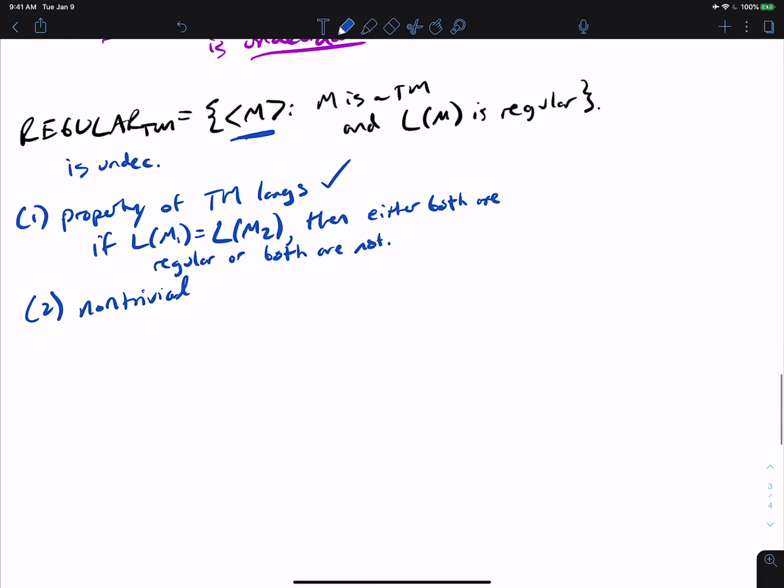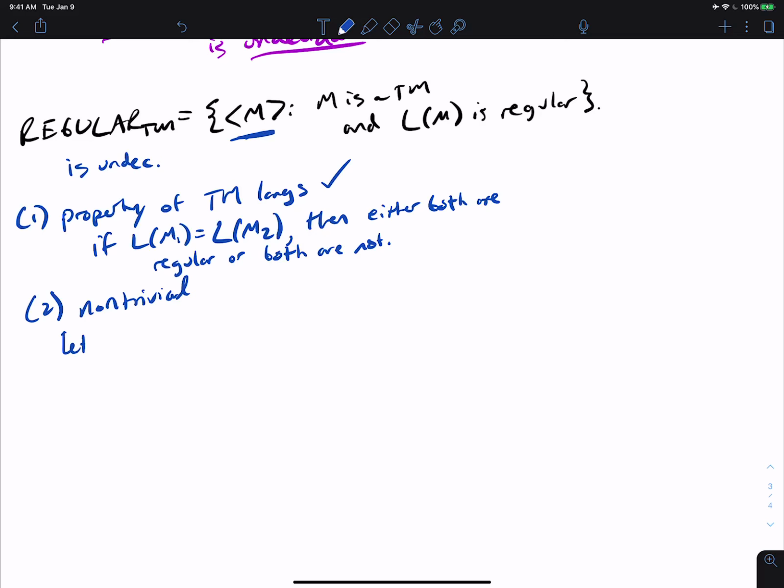Non-trivial. So for non-trivial, we have to give an explicit example of a Turing machine that is in regular TM, and an explicit example of a Turing machine that is outside regular TM. One common example students pick, and it's perfectly fine, is, I'm actually going to call it something else other than M1.